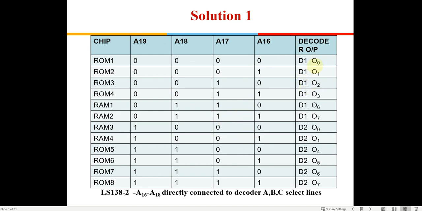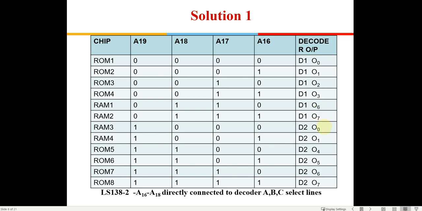In this particular example, we have taken from the first decoder outputs 0, 1, 2, 3 for ROM 1, 2, 3, 4, and then we have left out 4 and 5, and then we have used 6 and 7. If you see D1, the 6 and 7 are for RAM 1 and 2.